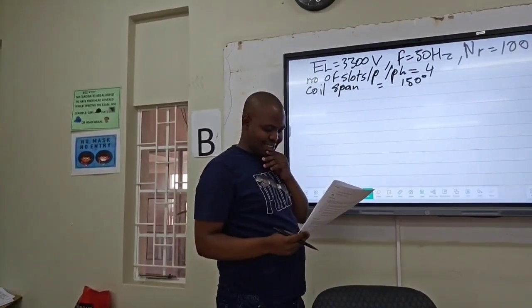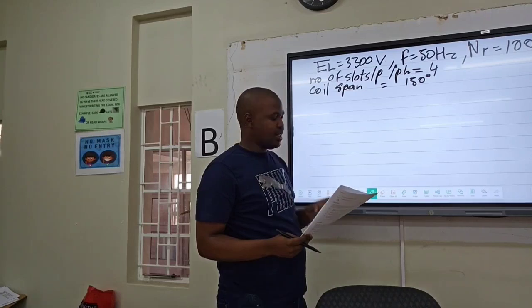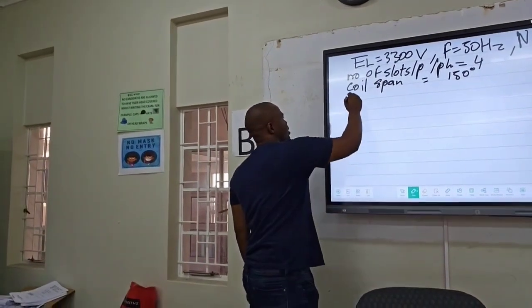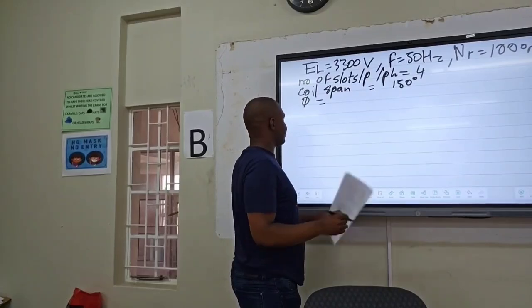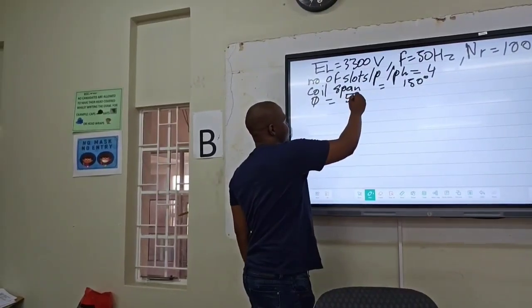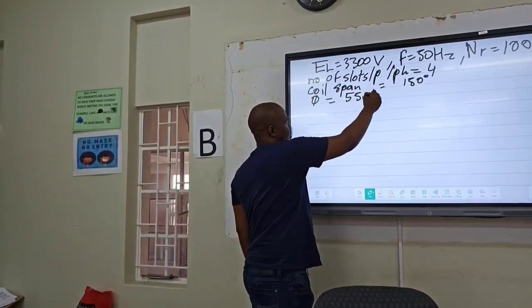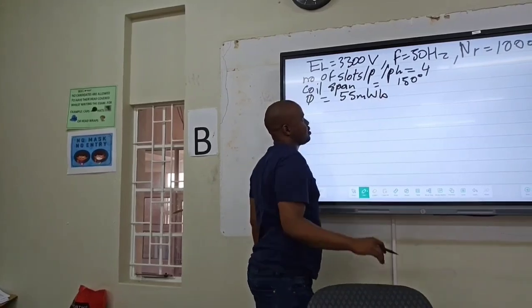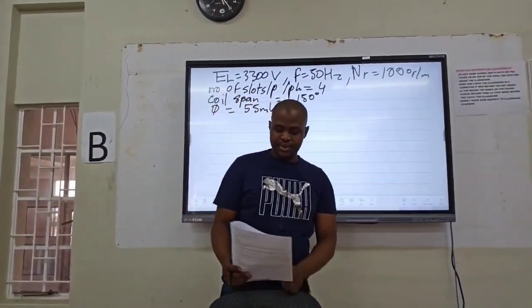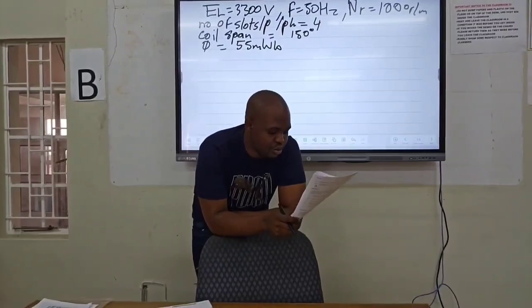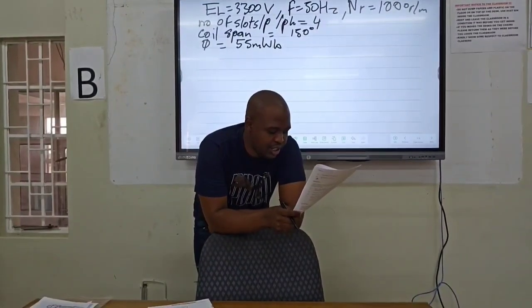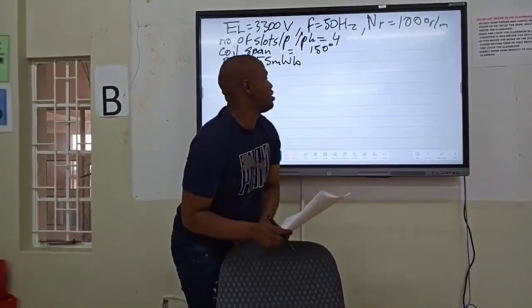Then the flux, which is 55 milliwebers. And we are asked to calculate the number of conductors per slot.